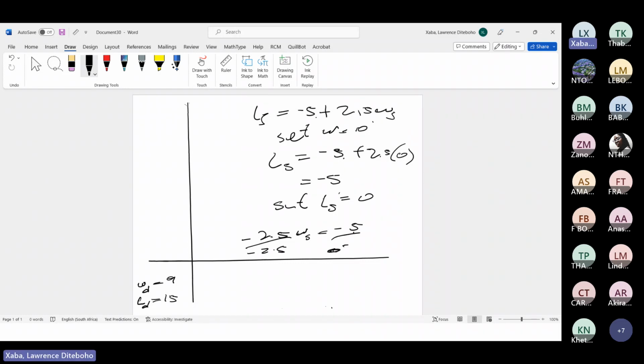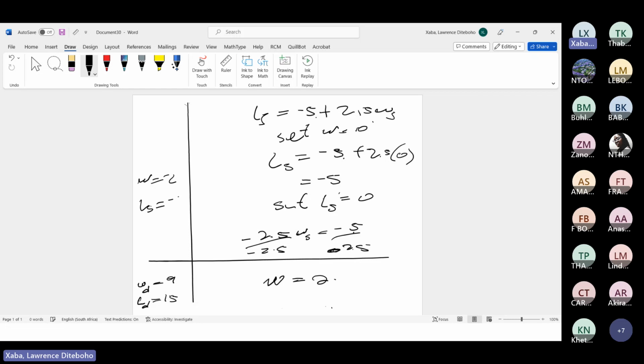So when you do that, in that case, we have W equals 2. So we have W equals 2, and we have L equals negative 5.